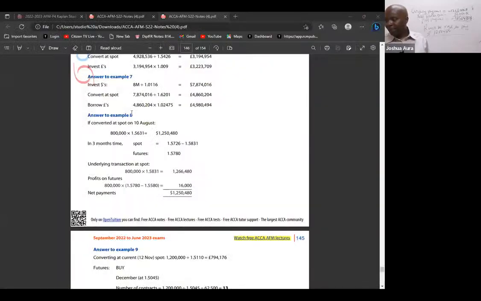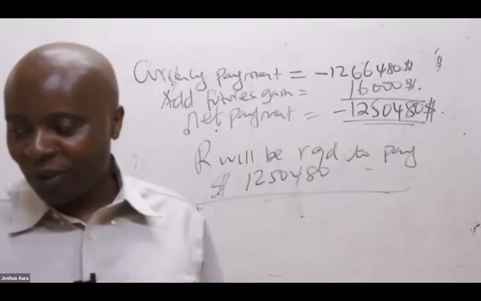Like this example 8. Most importantly, it's here. 12.50 for 80. The net payments will be like that. But the most important thing is for us to appreciate the formula. Once you appreciate the formulas very well, and understand this negative, positive, then you will be good to go.